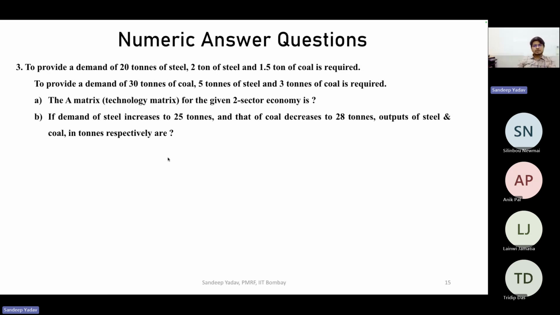We consider this question as an application of question number 2 that we have solved.